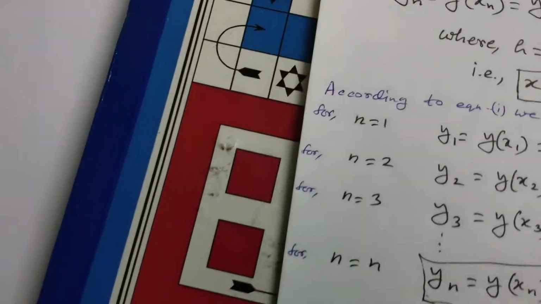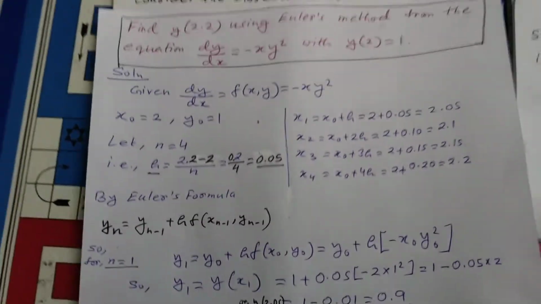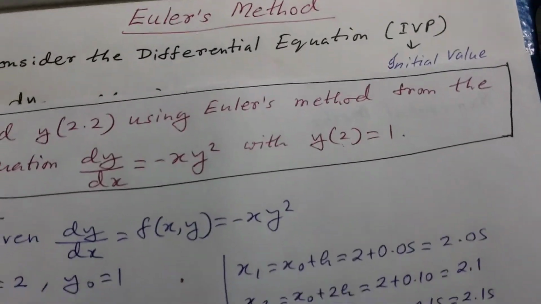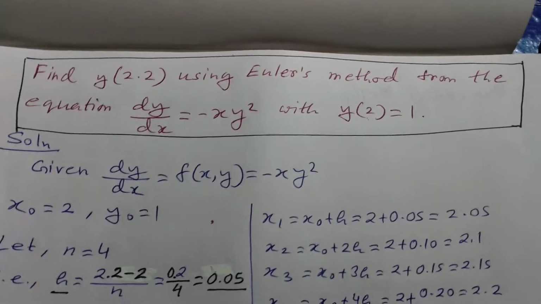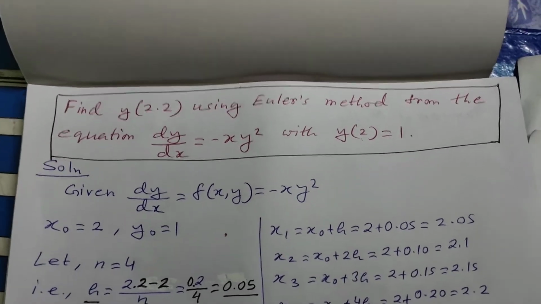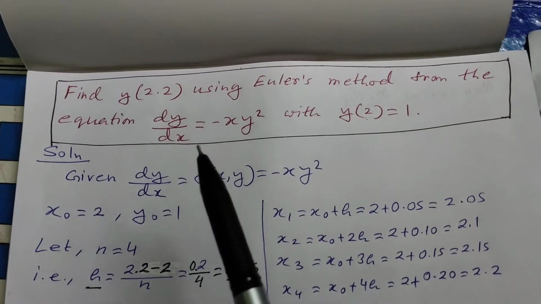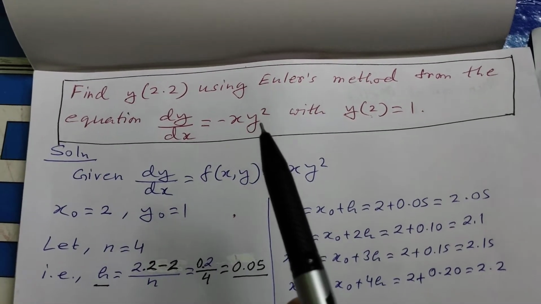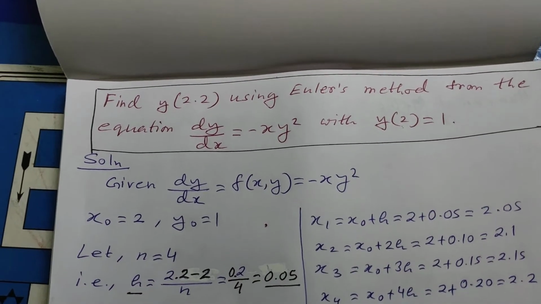Now let us consider one problem here, which is: find y(2.2) using Euler's method from the equation dy/dx equals minus x y squared with y(2) equals 1.